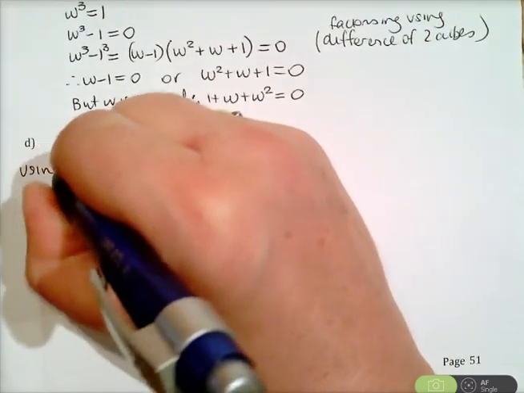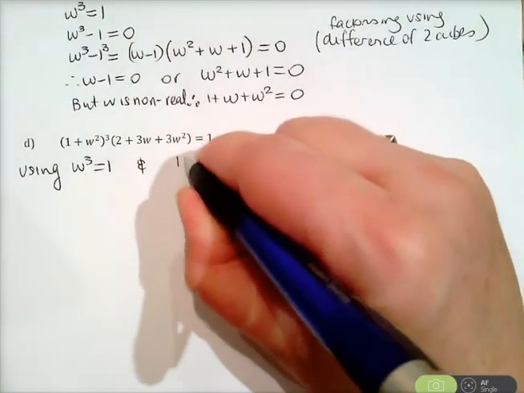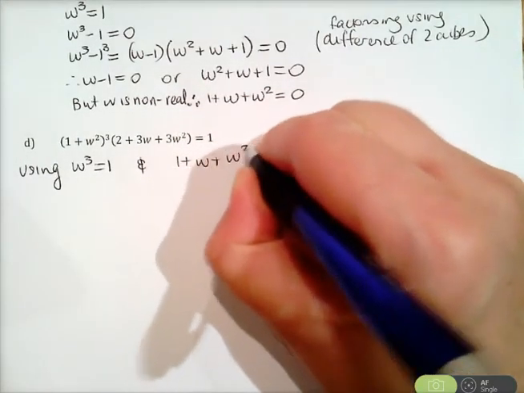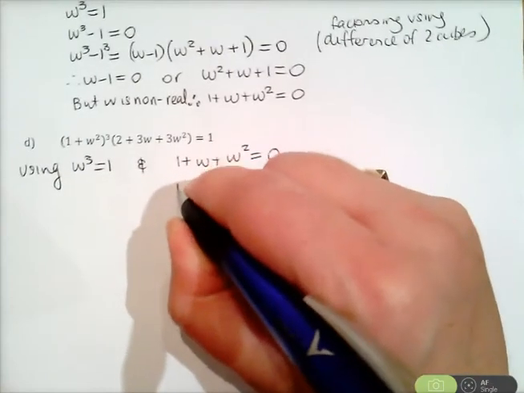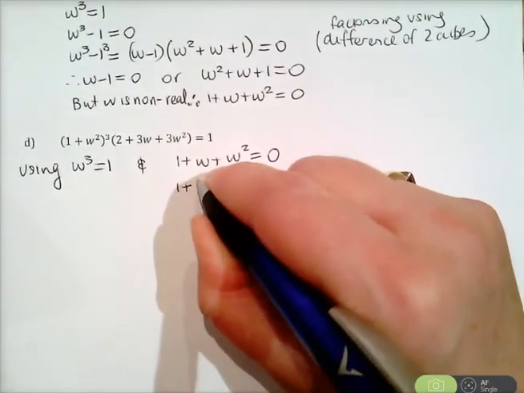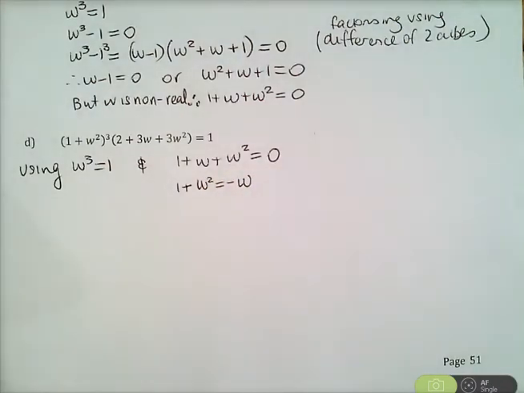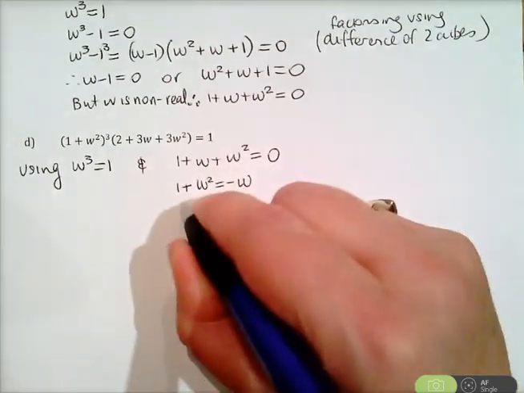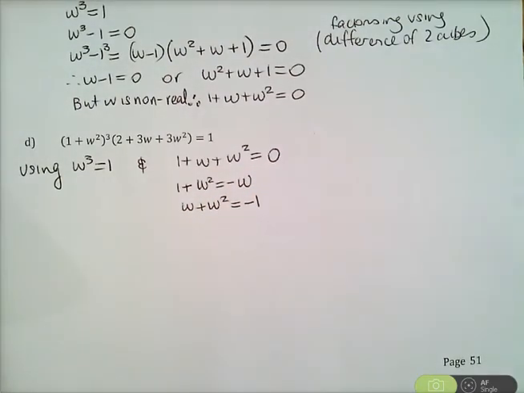So using the fact that w cubed equals 1 and that 1 plus w plus w squared is equal to 0, and doing some rearranging, we know that 1 plus w squared equals negative w, and also, rearranging this, we know that w plus w squared is equal to negative 1.